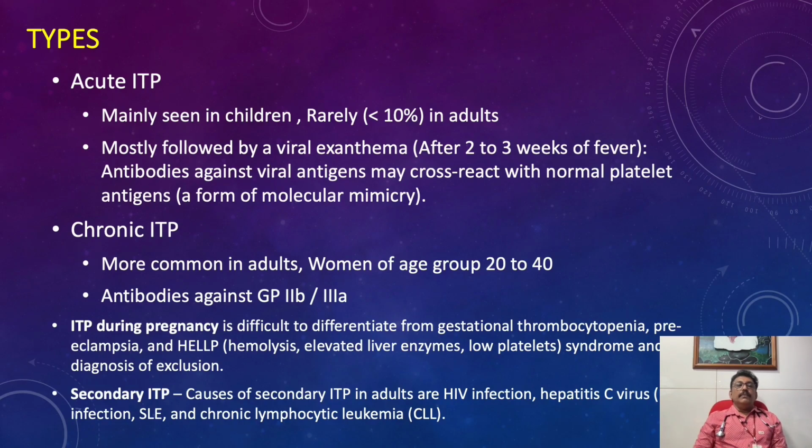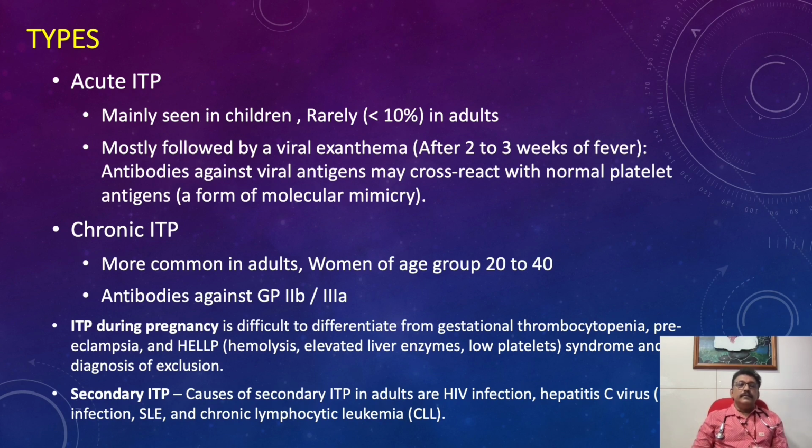Mostly it is followed by a viral exanthematous fever. That's why whenever we have a viral exanthematous fever and thrombocytopenia, you can see some patients are not recovering from thrombocytopenia and they slowly develop permanent thrombocytopenia. These are triggers for acute thrombocytopenia that lead to a permanent platelet disorder, bleeding problems and purpuric rashes.